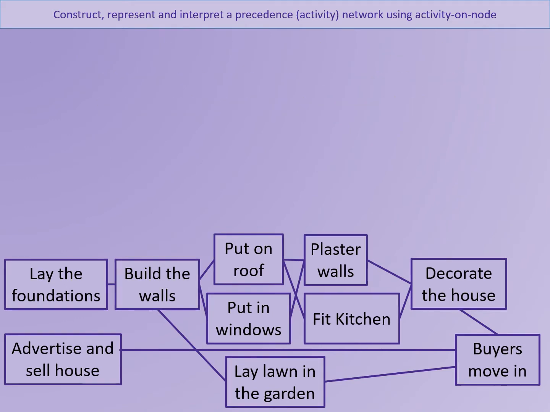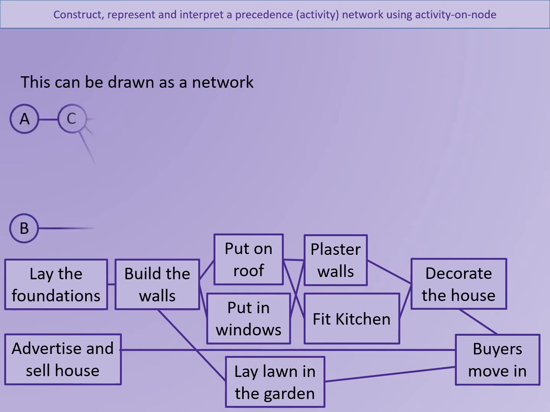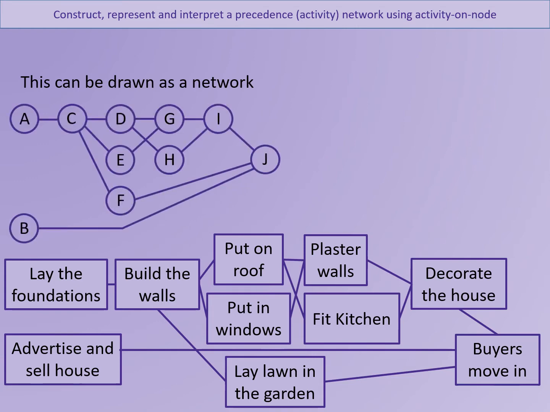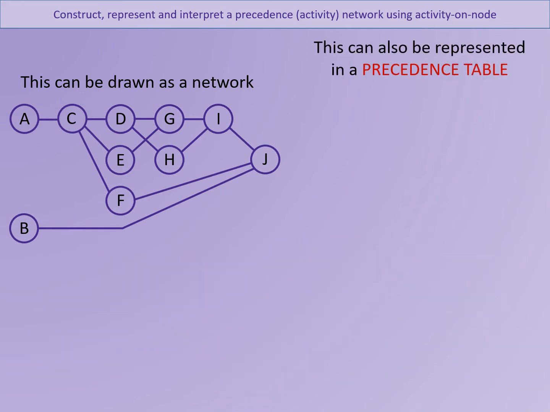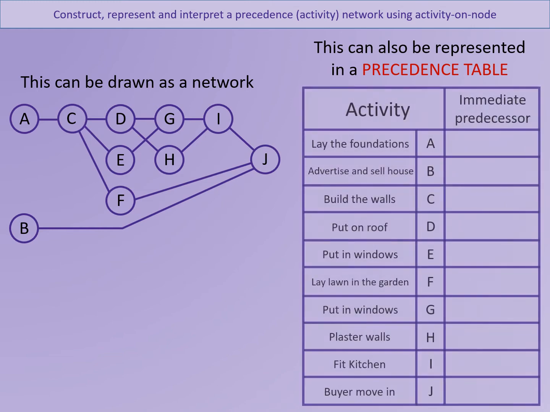So this can be shown as a network. So we just replace all of the activities with letters and use edges to show when an activity comes after another activity. Another way of showing the same information is in a precedence table where we show activities and which activities need to come after others.